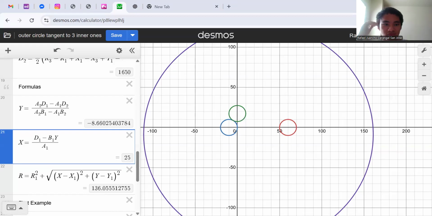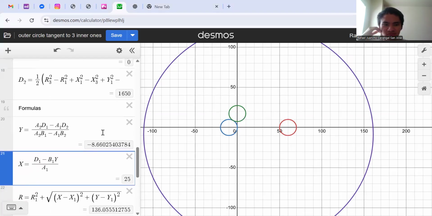I guess I just can't deal with decimals. Anyway, wait, let me show that this actually works. Ah, decimals don't work. That's funny.